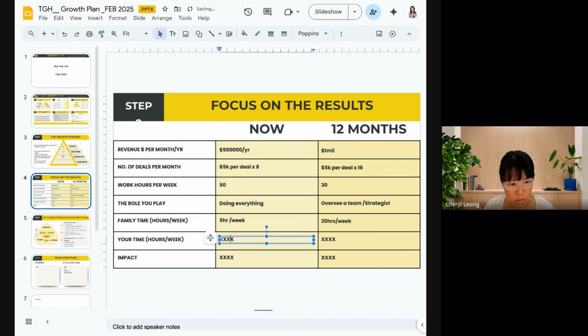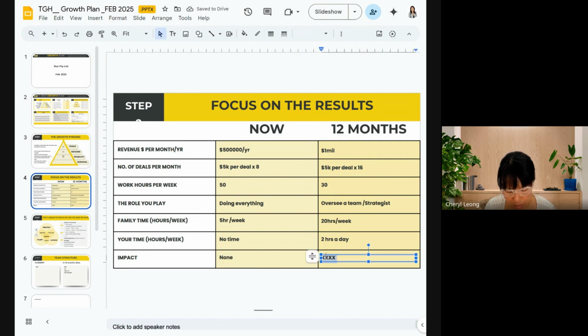For example, your time, no time, and here might be 2 hours a day. And the impact, none at the moment. It might be contribute 10% of profits to charity, for example, right?